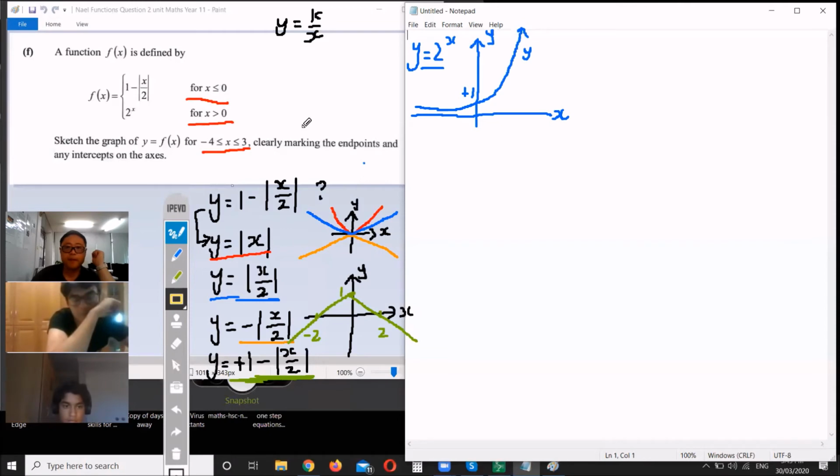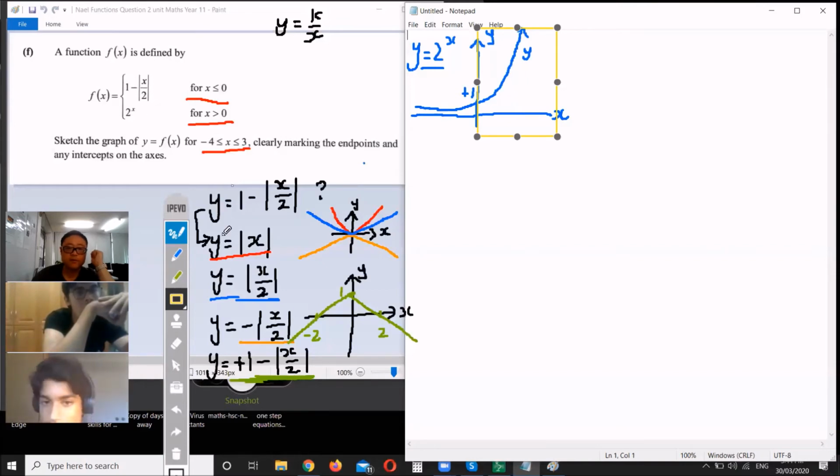So we're only interested in this part of the graph. And y equals 1 minus the absolute value of x on 2 only applies for the negative domain, and 0 as well. They both equal 1 at x equals 0. So you know how to draw it?